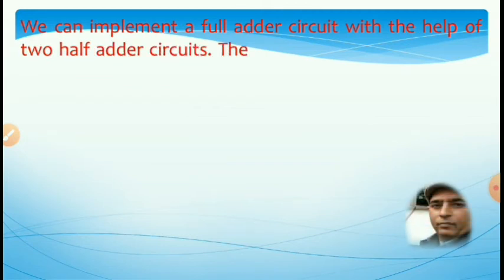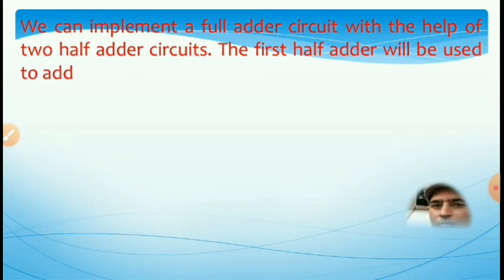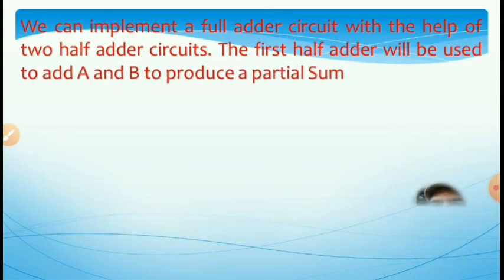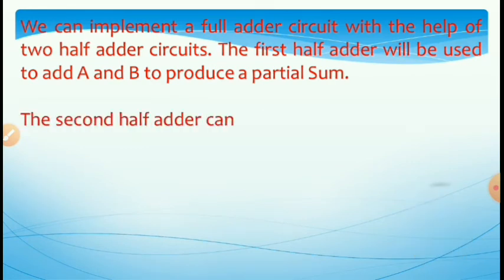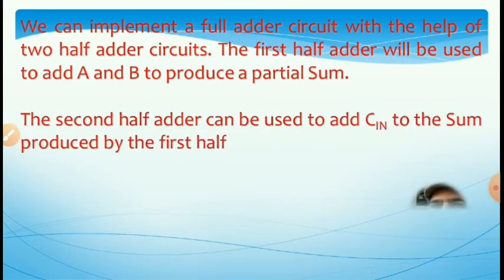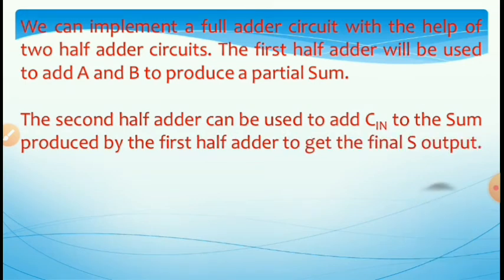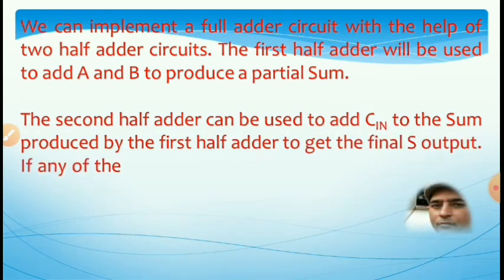We can implement a full adder circuit with the help of two half adder circuits also. The first half adder will be used to add A and B, which we saw in the half adder, to produce a partial sum. The second half adder can be used to add C in to the sum produced by the first half adder to get the final output as sum.